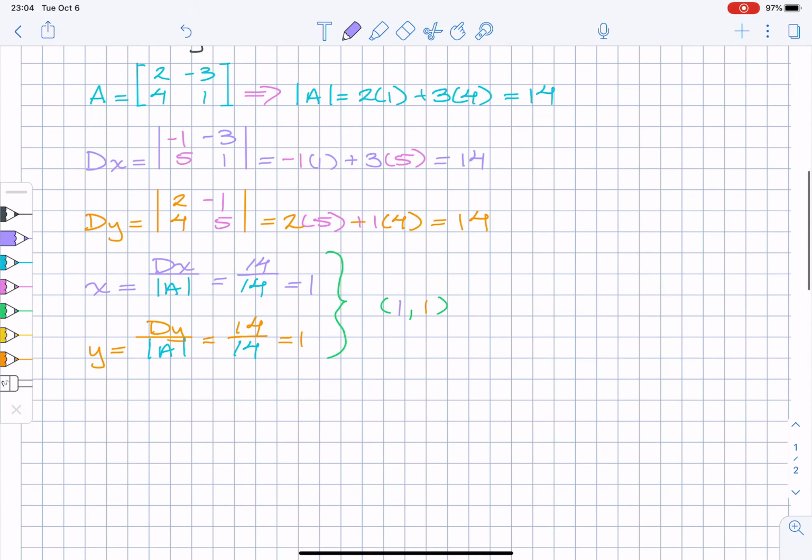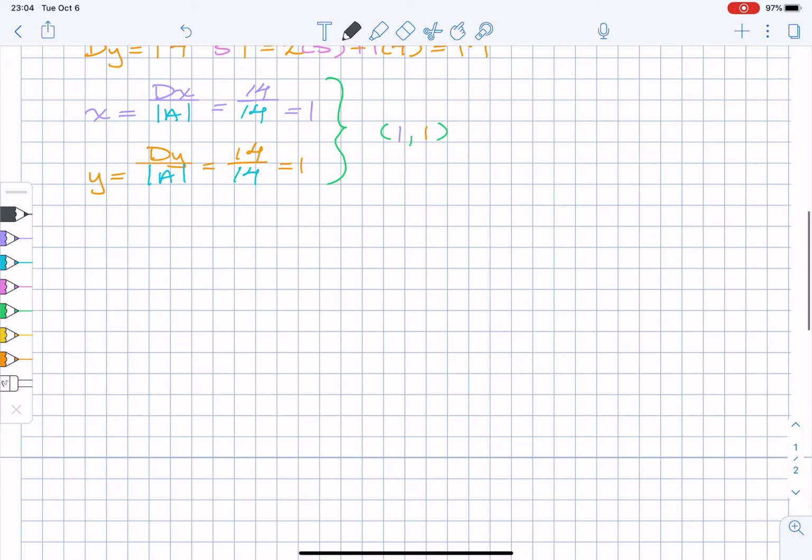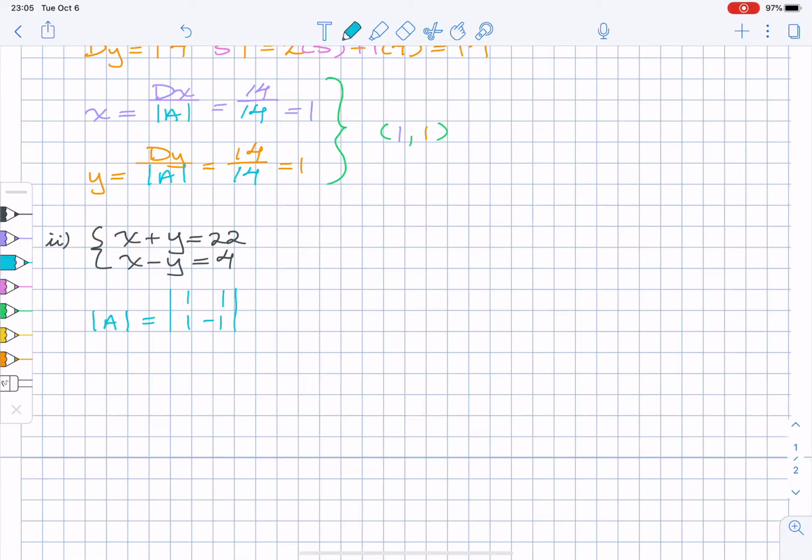Okay. So number 2, let's say we have the system x plus y is equal to 22 and x minus y is equal to 4. So I claim that the determinant of the matrix of coefficients is going to be the determinant of [1 1; 1 -1], which is going to be negative 1 minus 1, or negative 2.